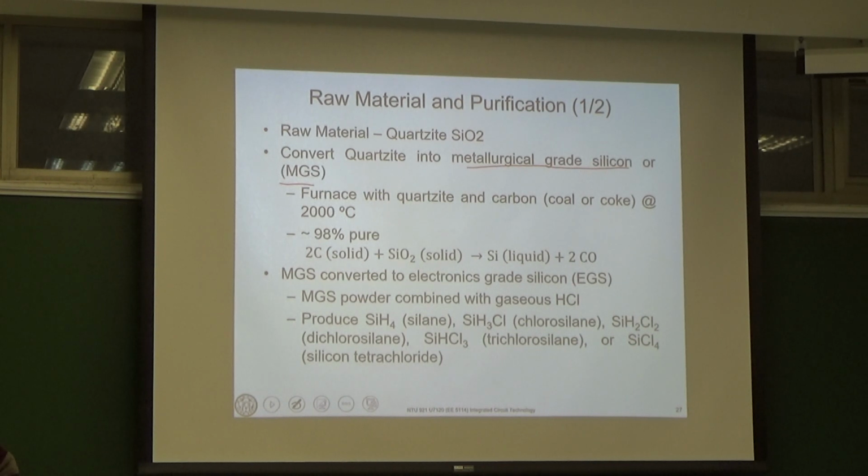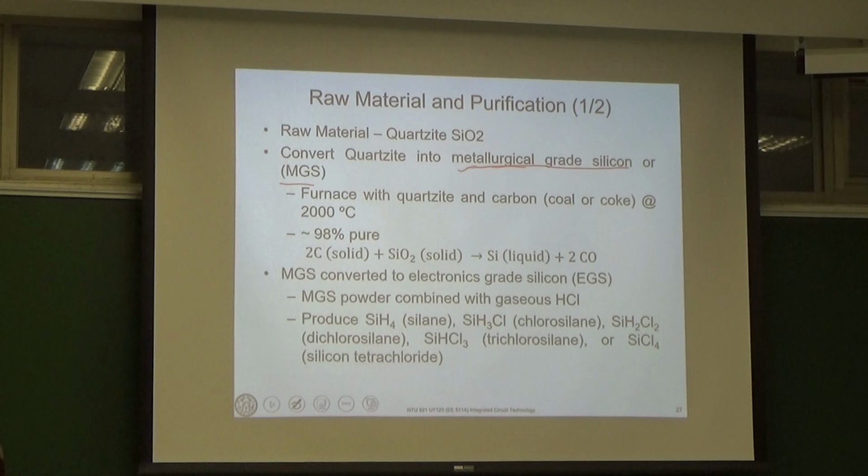In Chinese it's called metallurgy, like alchemy. But this kind of gray silicon is still not very clean. We want the purity like 99.9999, like 5 nines or 6 nines or 7 nines. We want that kind of purity for us to make the transistors.